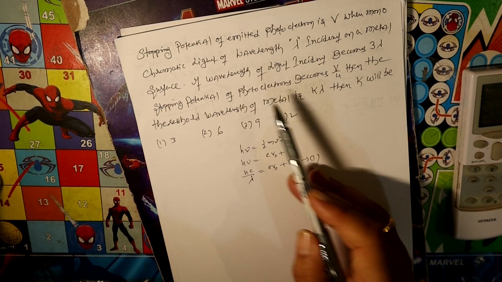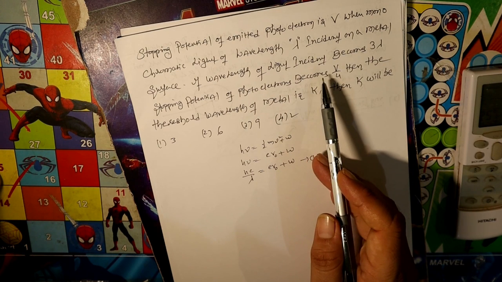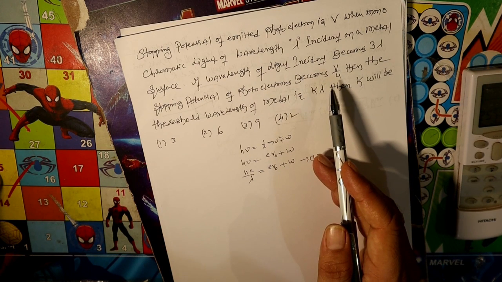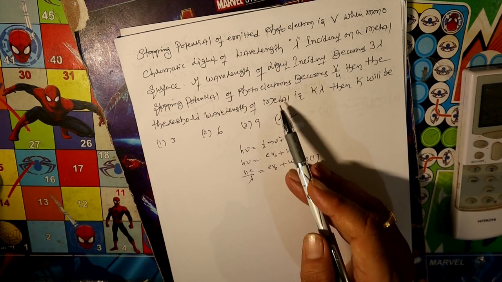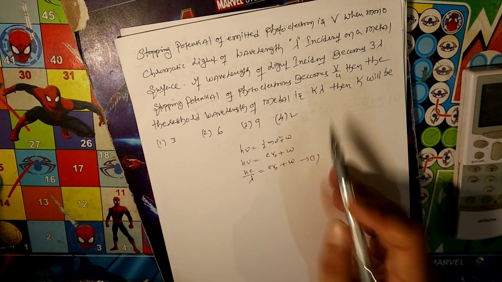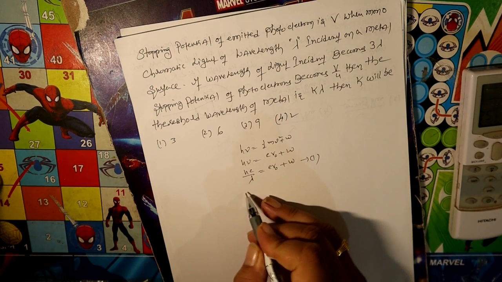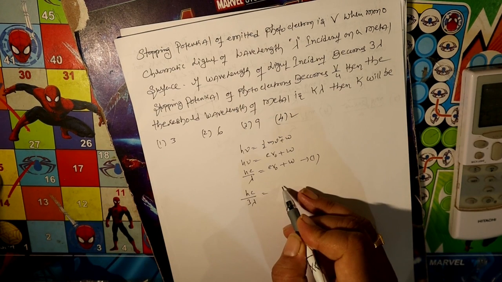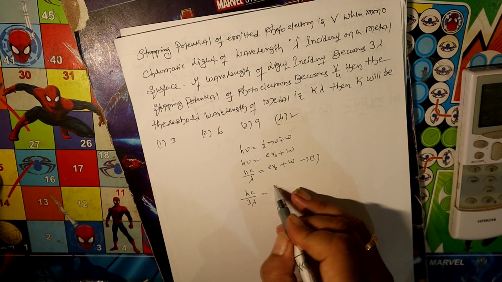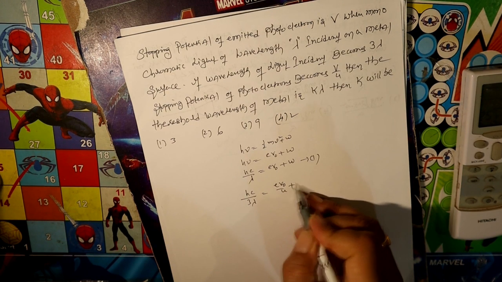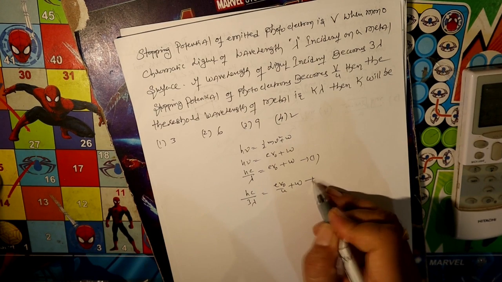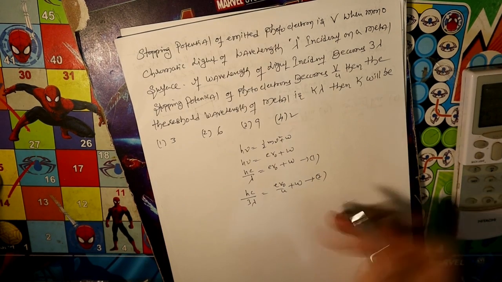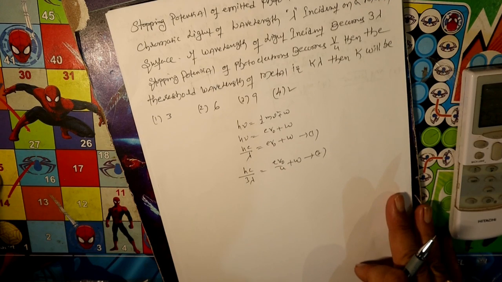Now, if the wavelength becomes 3 lambda and the stopping potential becomes V by 4, then the equation is hc by 3 lambda is equal to e into V naught by 4 plus w. This is equation 2.